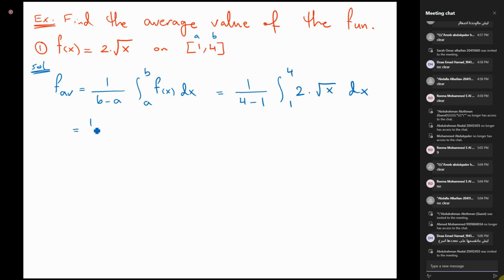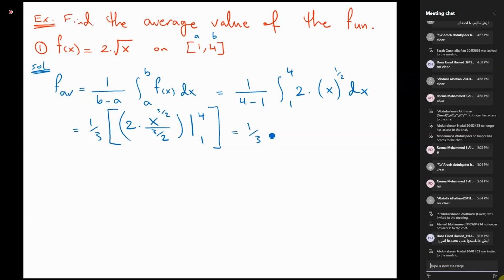This equals 1 over 3 multiplied by the integral of radical x, which means x to the power 1 over 2. So we have x to the power 3 over 2 over 3 over 2. Okay, and we need to substitute 1 and 4. Now we have 1 over 3, and 2 over 3 in the denominator gives 4 over 3 multiplied by x to the power 3 over 2.